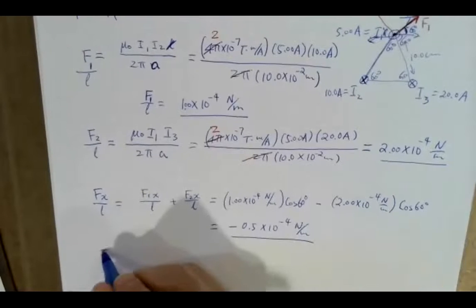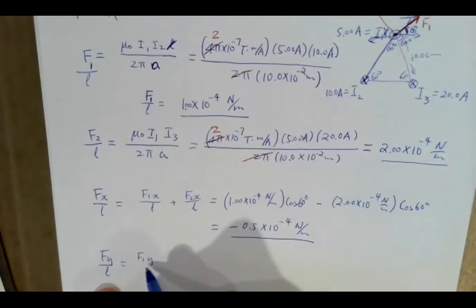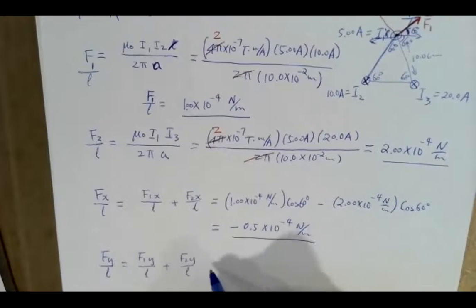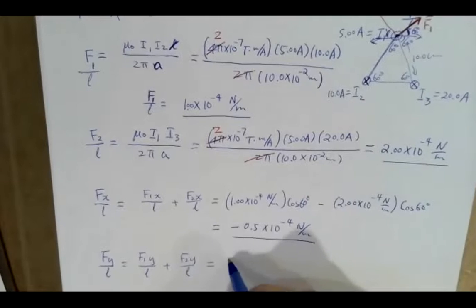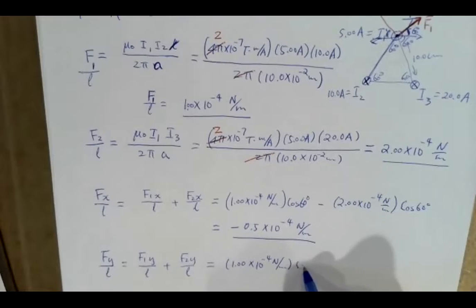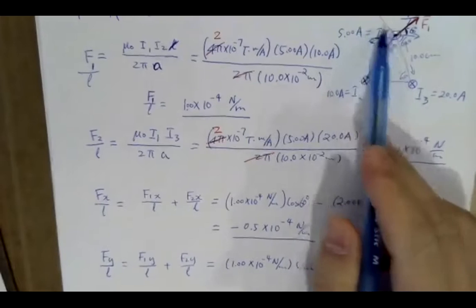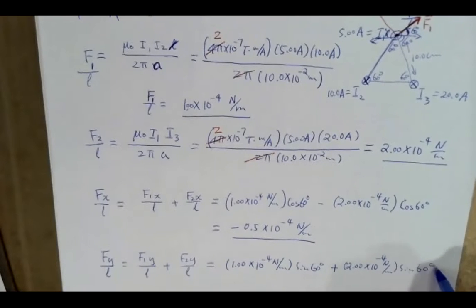And you'll be doing your Fy over L, which equals F1y over L plus F2y over L. The y component of that guy will be the sine of 60, plus, this time because it's in that direction, 2.00 times 10 to the minus 4 times sine of 60.